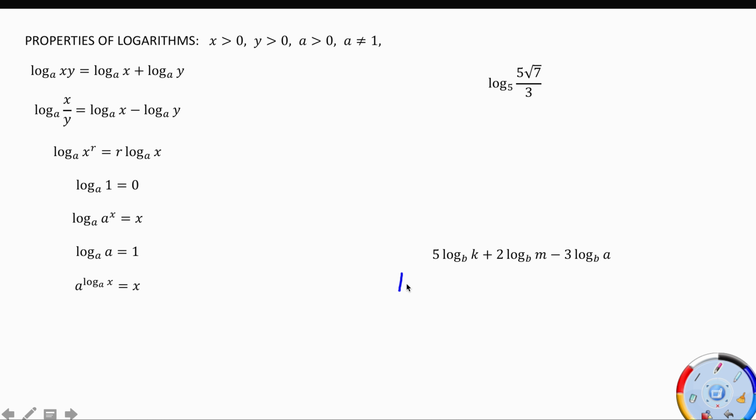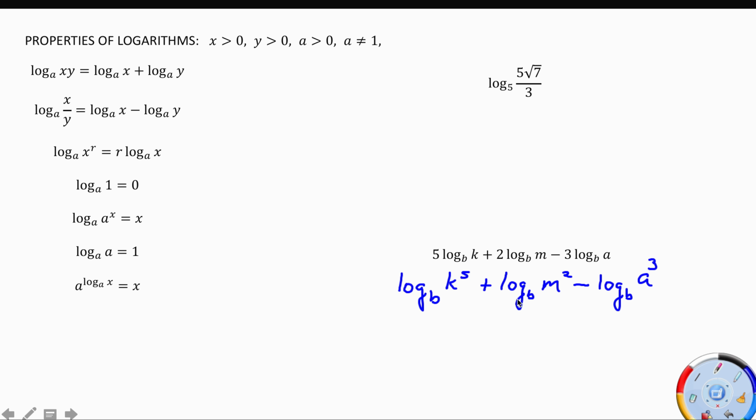So I'm going to rewrite this as log with base b of k to the 5th plus log with base b of m squared minus log with base b of a cubed.